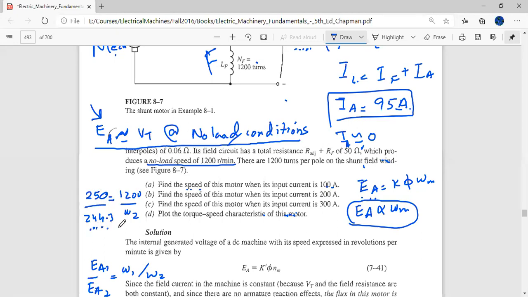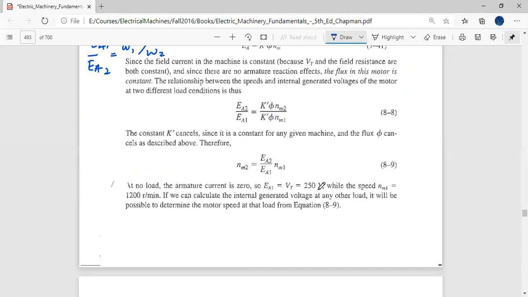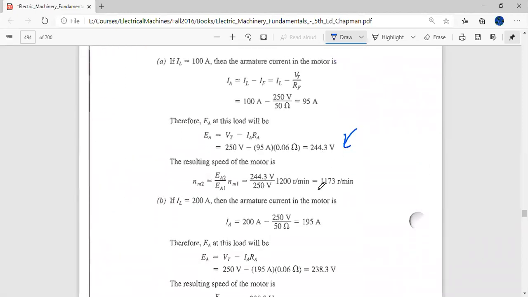In the new conditions, when the input current changed to 100 amperes, the armature induced EMF falls to 244.3, and we find omega 2, which comes out to be 1173.